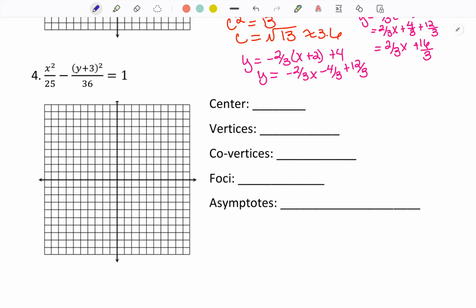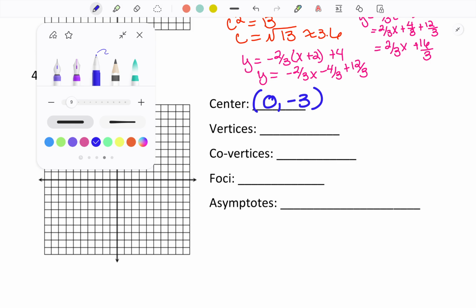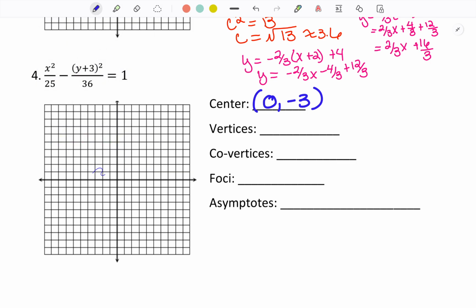So we have a center of (0, -3). Knock down that size. And so we're going to be right here. And then this is a horizontal hyperbola, so we are going to go side to side for our vertices.